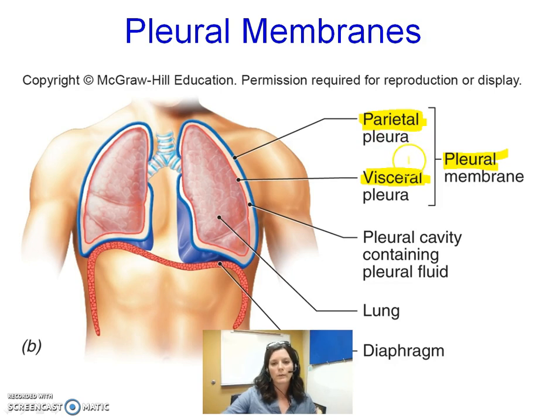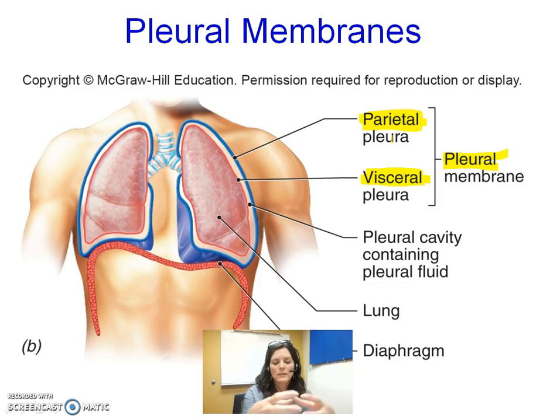the parietal pleura. If you cut the chest open, I'll try to show you with my hands down here just so you can see. If you cut the chest open and then pulled it out so you could see, this inner surface of the rib cage would be smooth and shiny. That would be the parietal pleura.